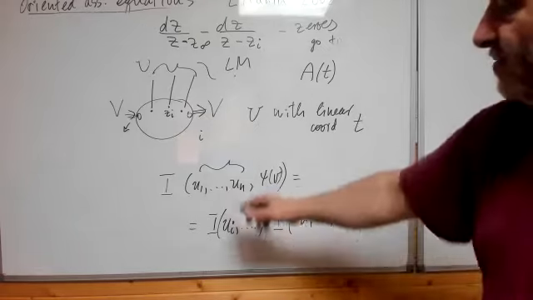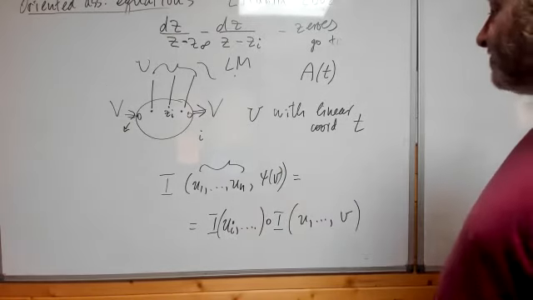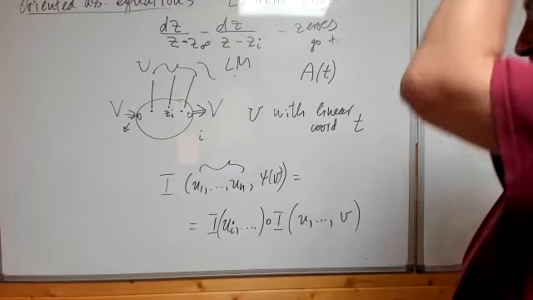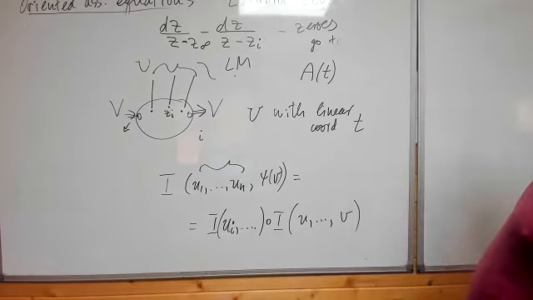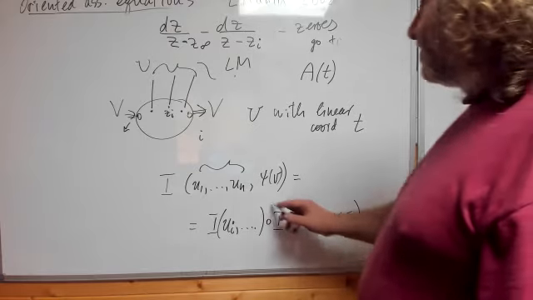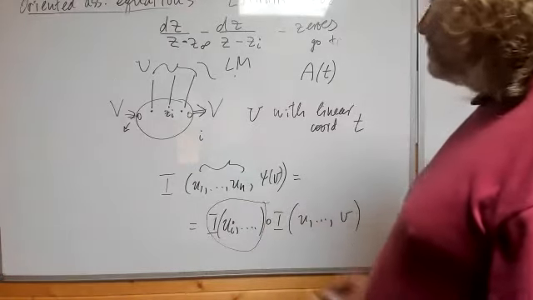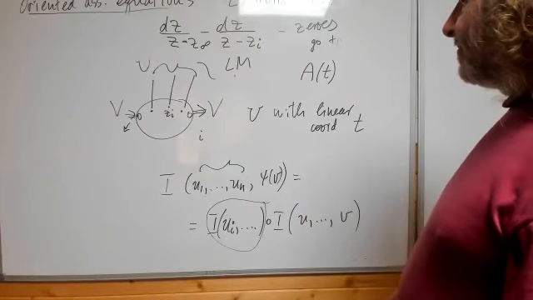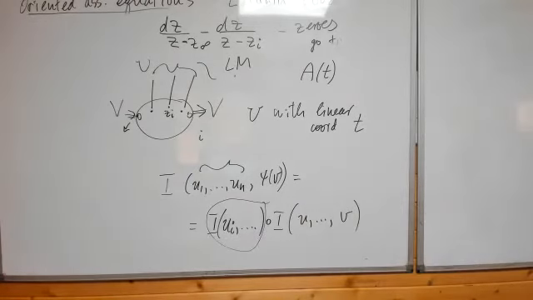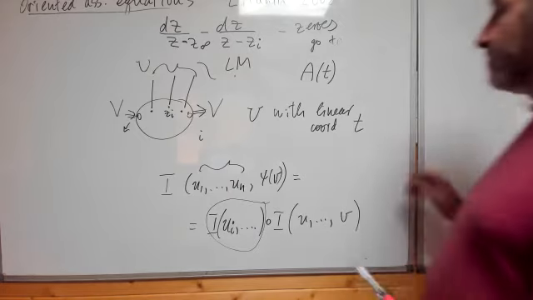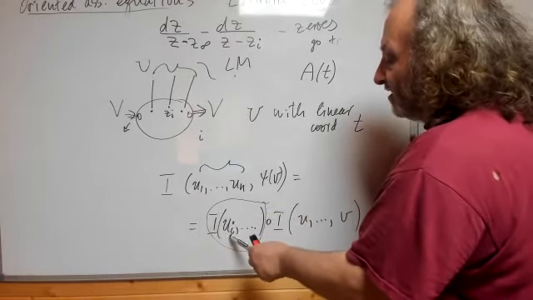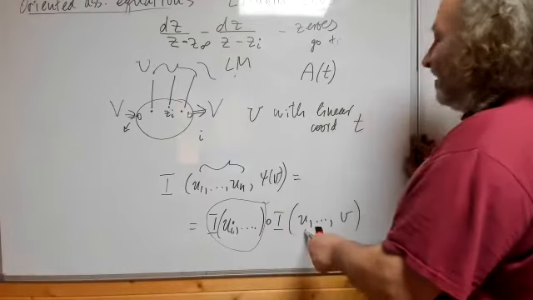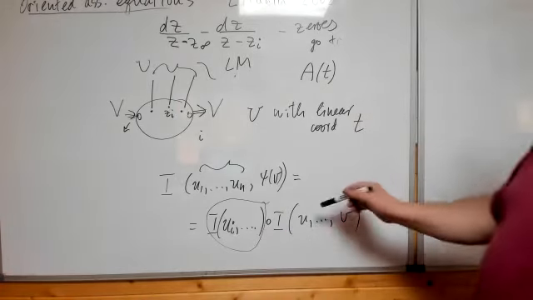So such a condition would actually mean... so how to write it down? Here we have UI, and here we have UI, and here we do not have this UI.